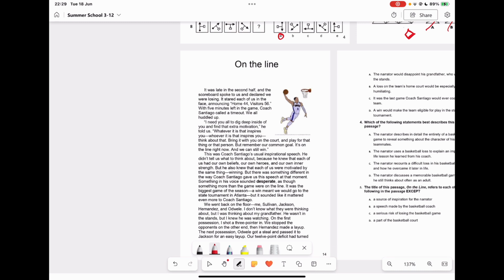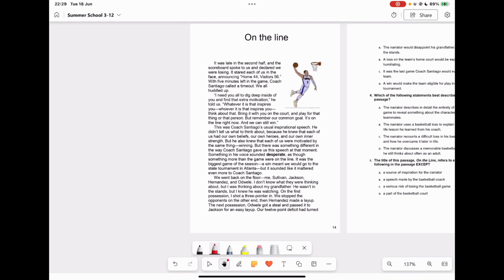We all huddled up. I need you all to dig deep inside of you and find that extra motivation, he told us. Whatever it is that inspires you, whoever it is that inspires you, think about that. Bring it with you on the court and play for that thing or that person. But remember our common goal. It's on the line right now, and we can still win.